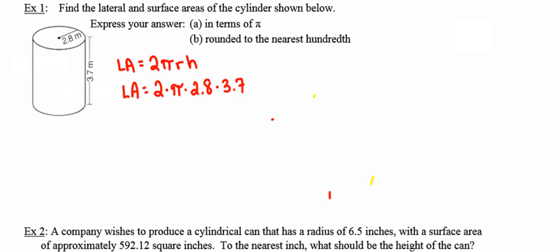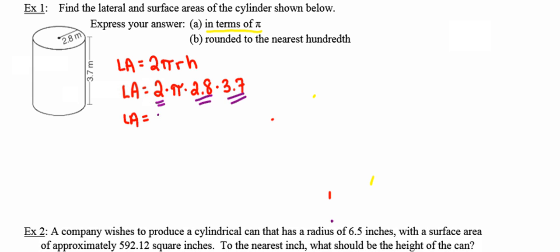Since we've been asked to find the lateral area both in terms of pi and to the nearest hundredth, I'm going to type into my calculator all of the factors except for the pi. I'm going to type in the 2 times the 2.8 times the 3.7.